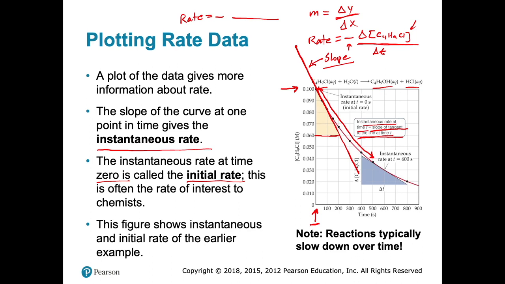So our initial here is 0.1, and our final here is 0.06 molar. On the top, we'll put 0.06 minus 0.1. And then at the bottom, it's a change in time.